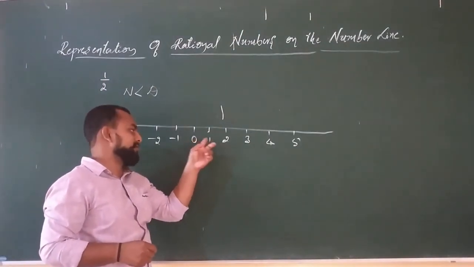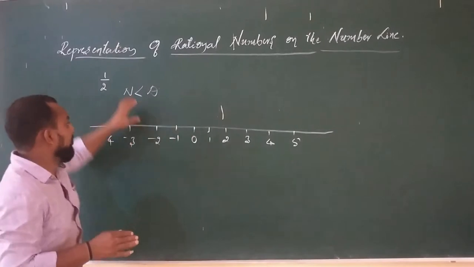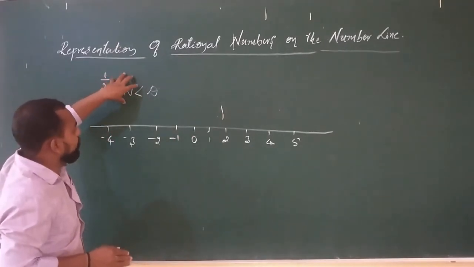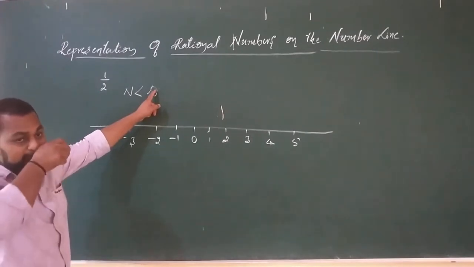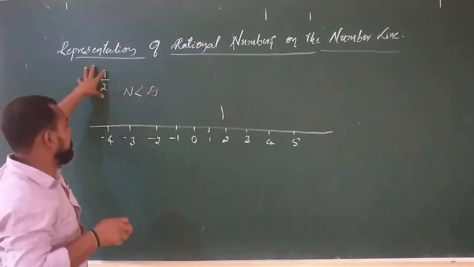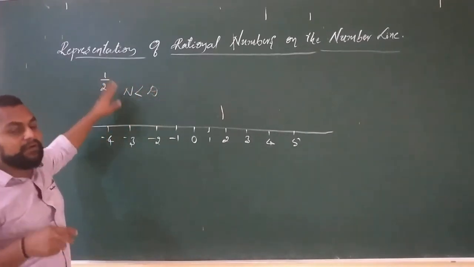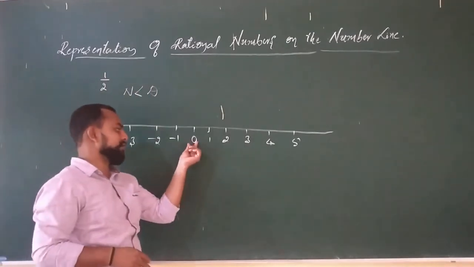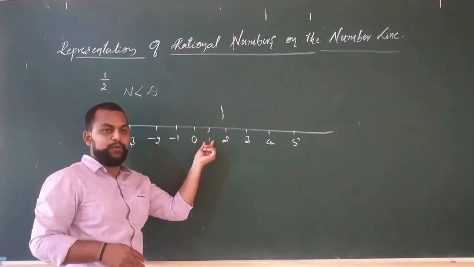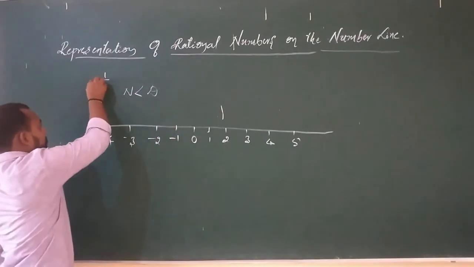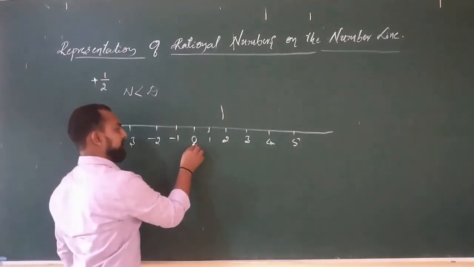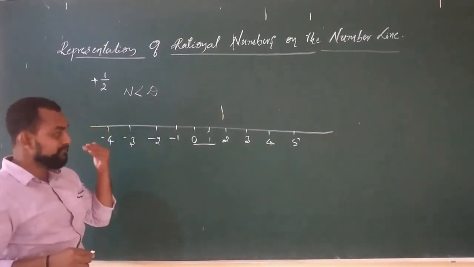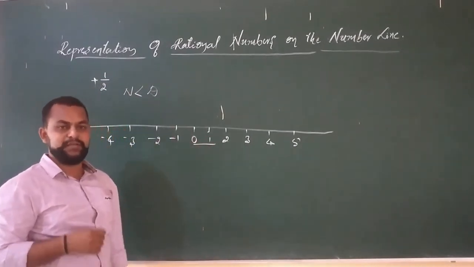So it lies between 0 and 1, and this is a positive rational number, and positive numbers are towards the right side of 0.